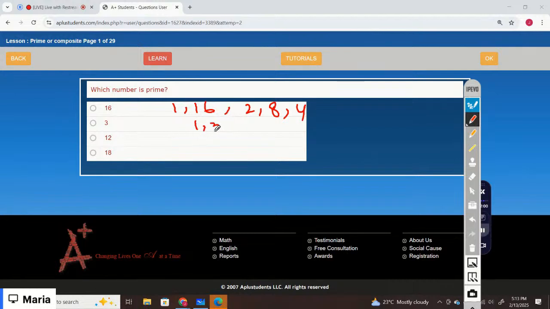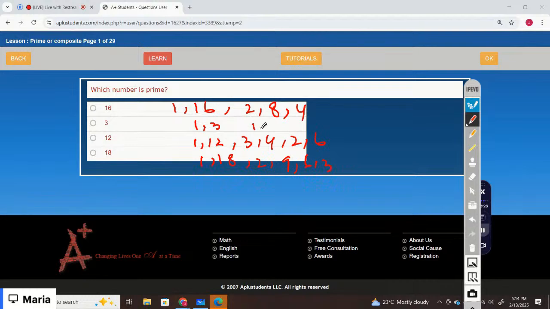There are no other numbers that when multiplied make 3. Now 12. 1 times 12 is 12. 3 times 4 is 12. 2 times 6 is 12. So again 12 has more than two factors. Same way 18. 1 times 18 is 18. 2 times 9 is 18. 6 times 3 is 18.